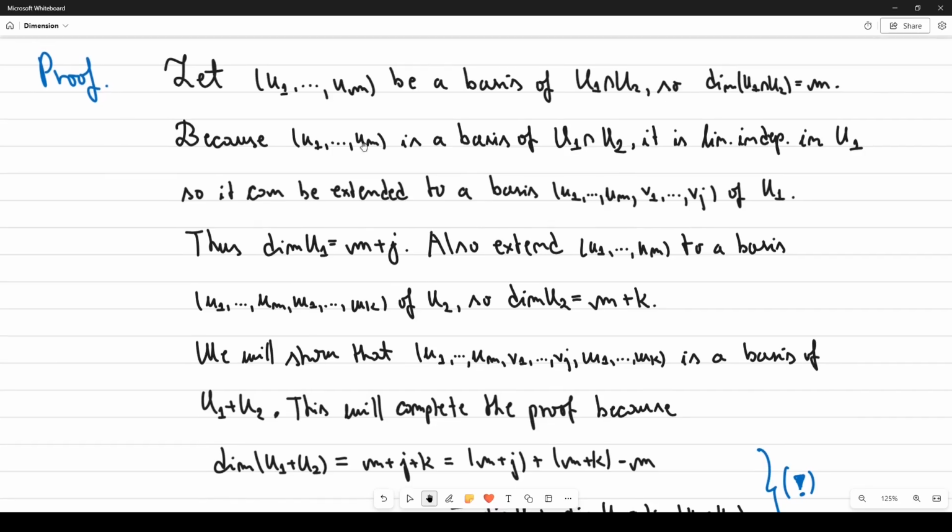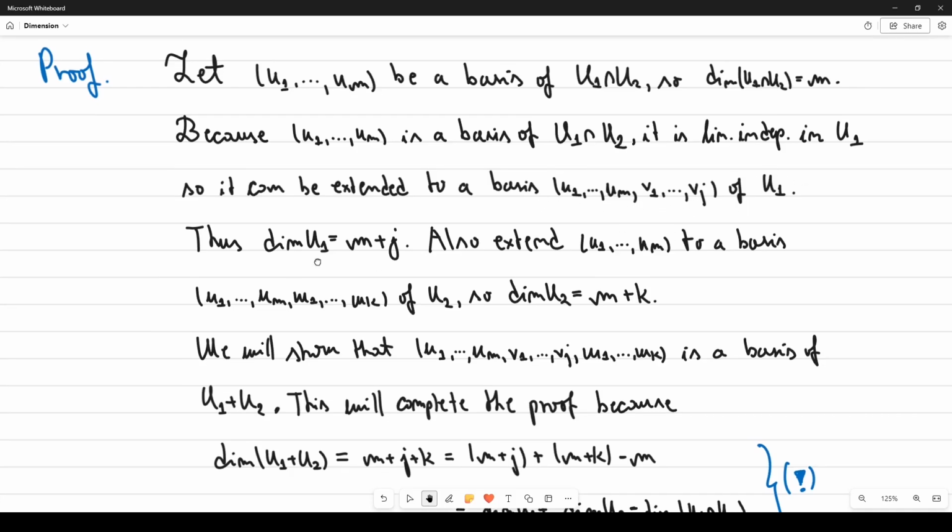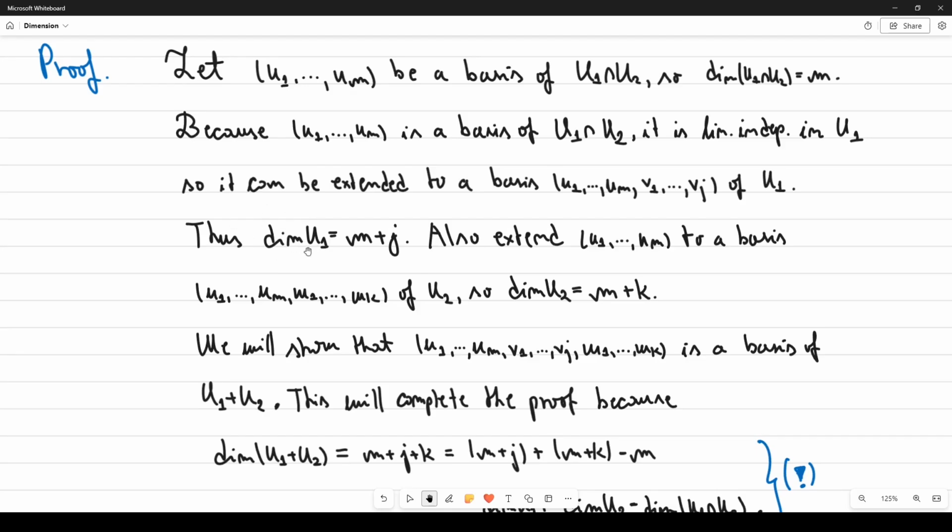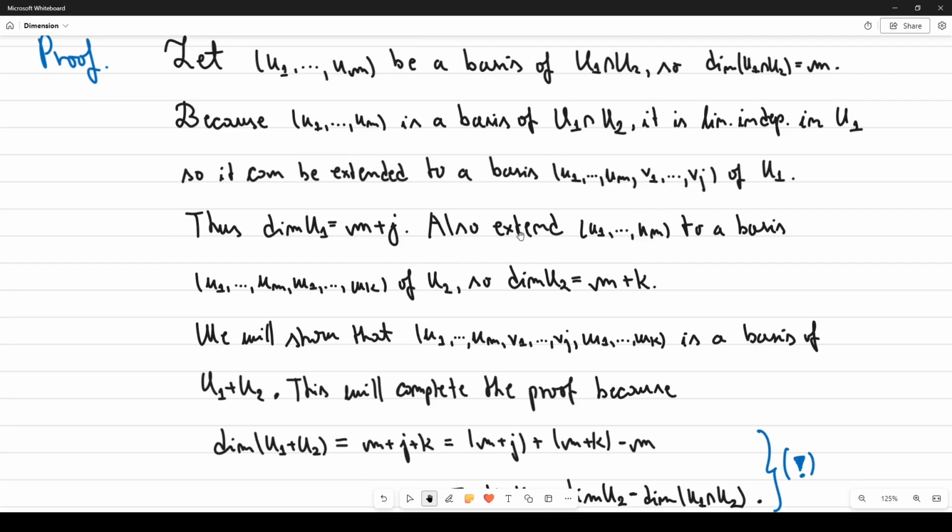Now, since this is a basis of the intersection, it is linearly independent in the subspace U1. So it can be extended to a basis of U1, this list over here. So now we have the dimension of U1 is equal to m plus j, these vectors over here. Now we can also extend the same original list, the basis of the intersection, to a basis of the subspace U2.